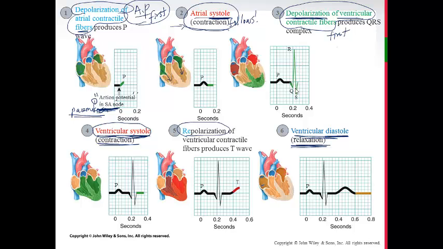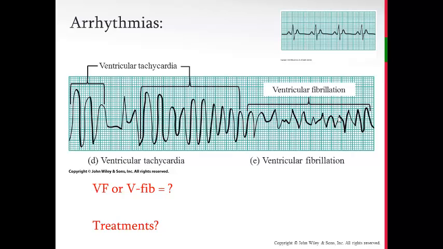That means your atrium is undergoing relaxation, but it's masked by the QRS complex over here. So make sure you can trace through what happens from your atrium all the way to the time when they both relax.